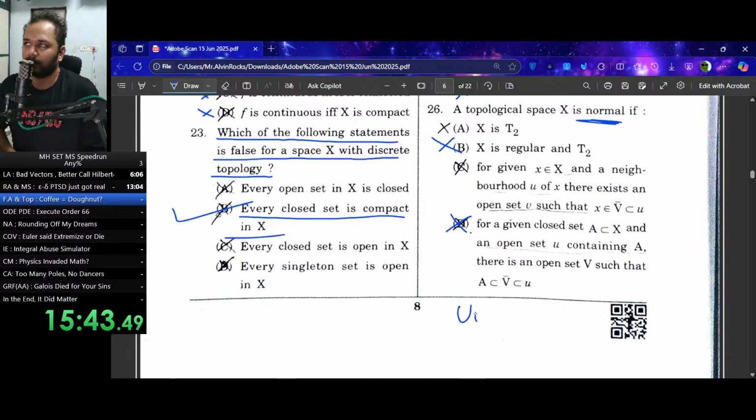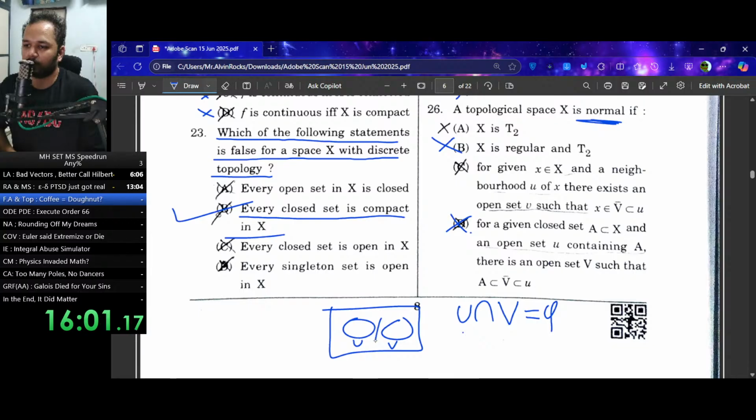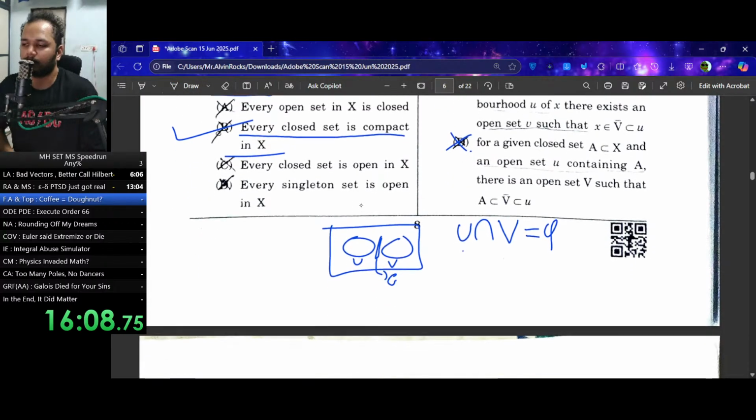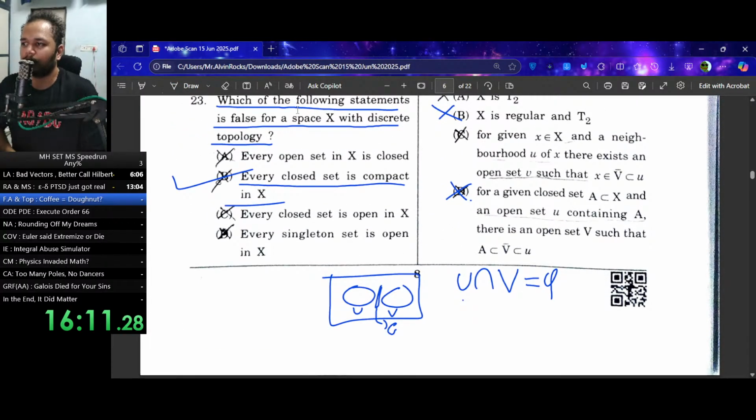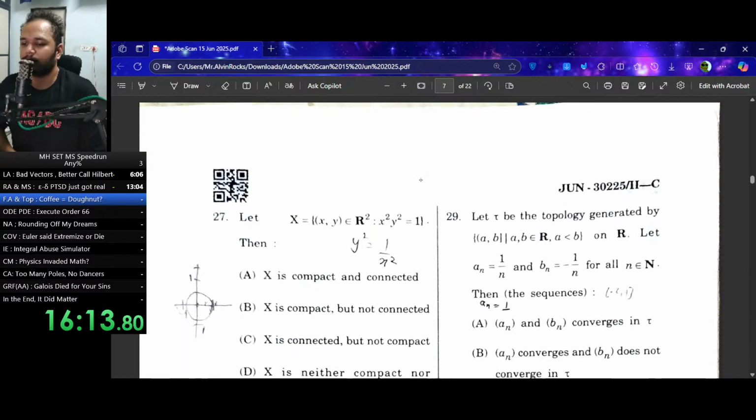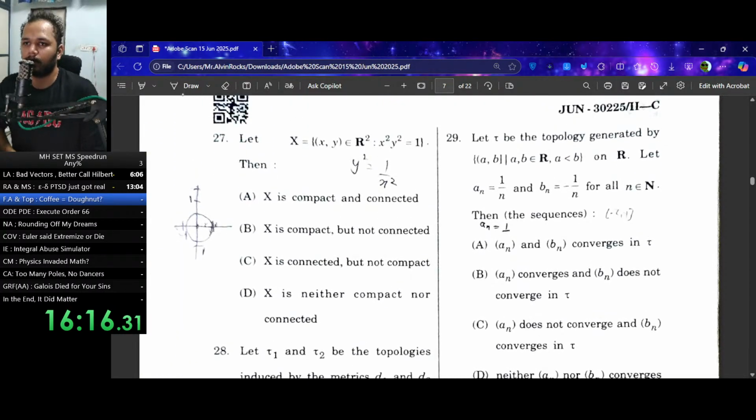Actually, U intersection V should be empty, but there must exist an open set. Normal space means this is a closed set U, this closed set V, so there must exist an open set G which will separate them. No proper definition was given here, so ambiguity.